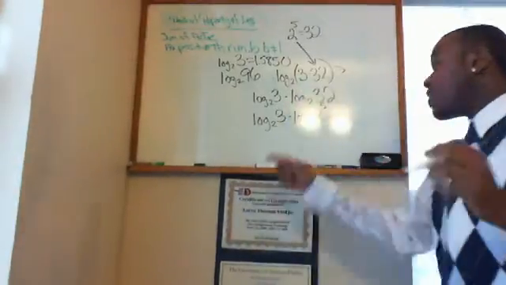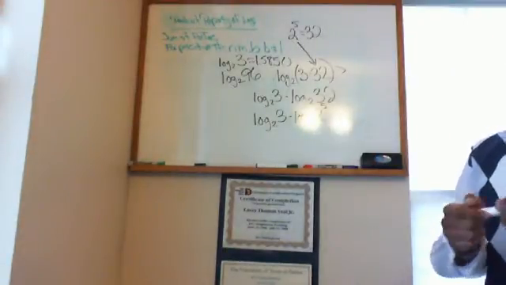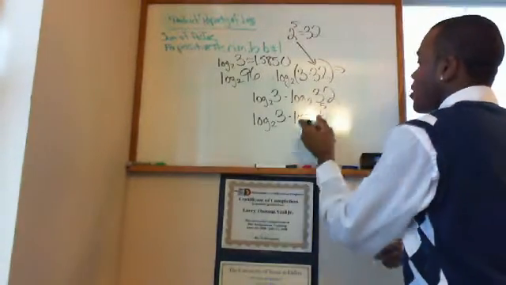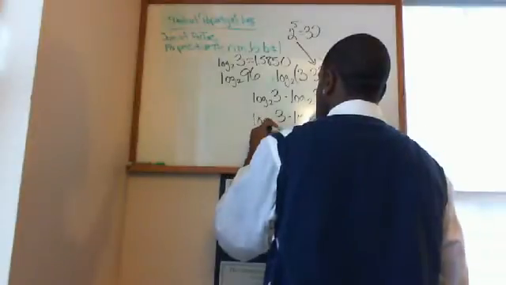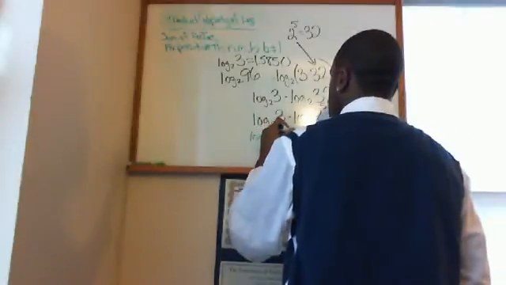And now, what did I say earlier? When you have a base that's the same as the number here, you can do what? Cancel it out. Outstanding. So now I take this, cancel that out, and I'm left with log base 2 of 3 plus 5.